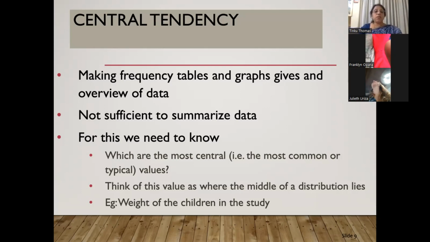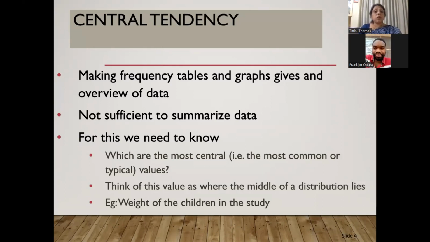Even if we can list out all of the data, it is not going to help the person who is listening to you or looking at your data, because it is not telling them anything. So it is not at all helpful. What we need is one summary statistic for the data, and there are many measures of central tendency. The measures of central tendency help us to summarize the data.